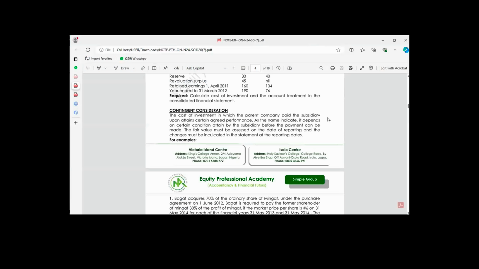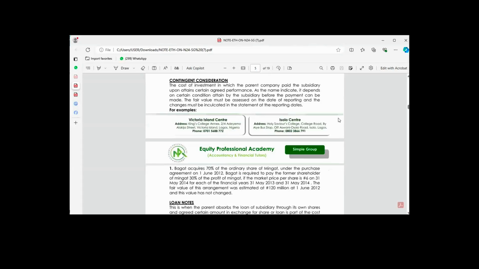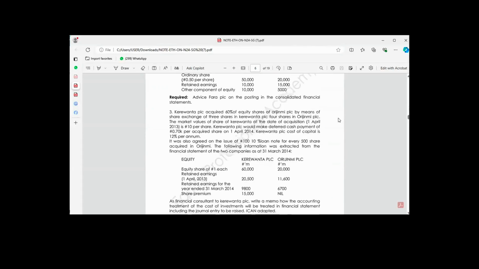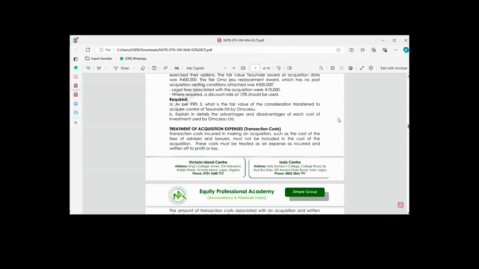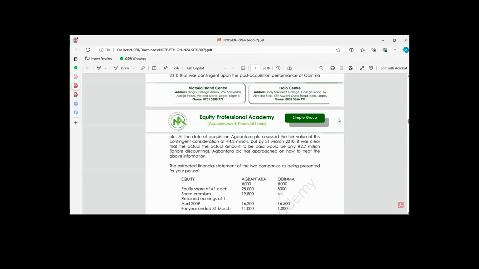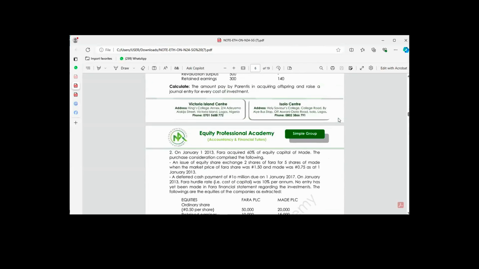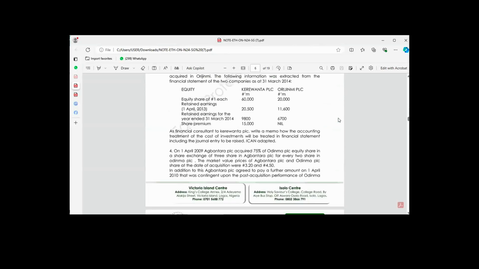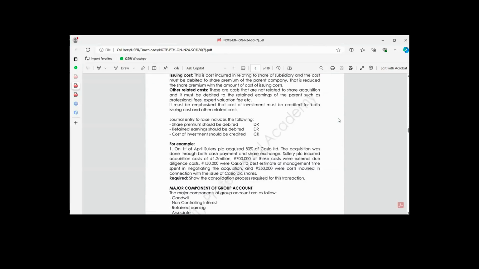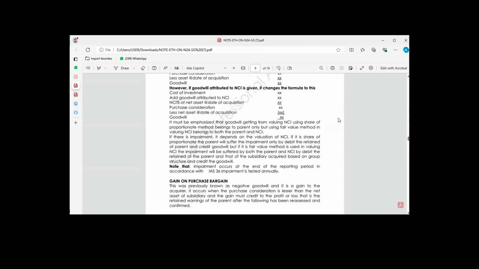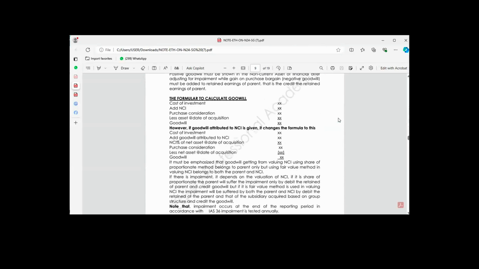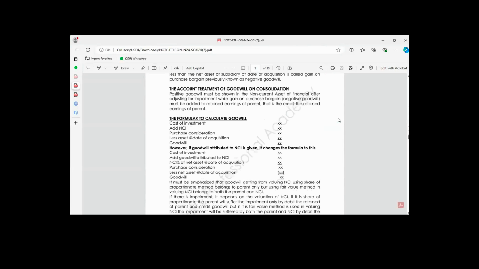This is goodwill: the accounting treatment of goodwill on consolidation.